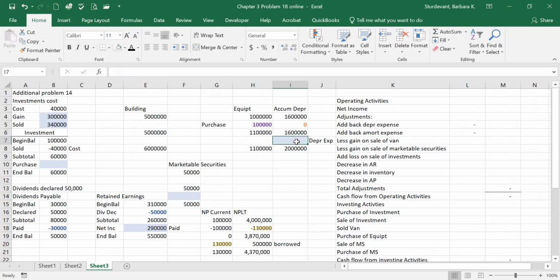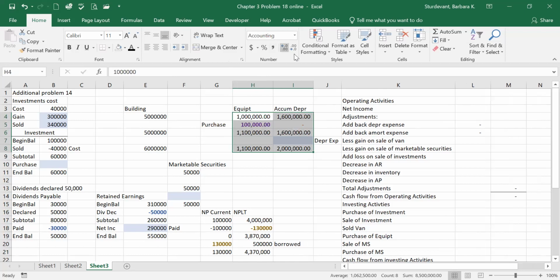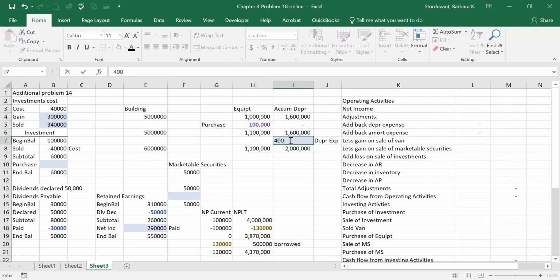So what is our depreciation expense? It would be the 400,000. Right. And we knew that anyway, because if you go look on the income statement, it told us that.